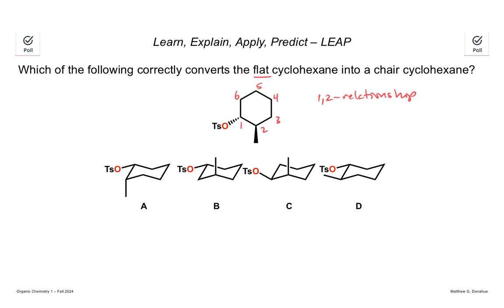So that's the first thing we want to look for: 1-2. If you see a 1-3 or a 1-4, those are automatically wrong. And then we see that the tosyl group is down, the methyl group is up, and then we have to translate that into axial versus equatorial.